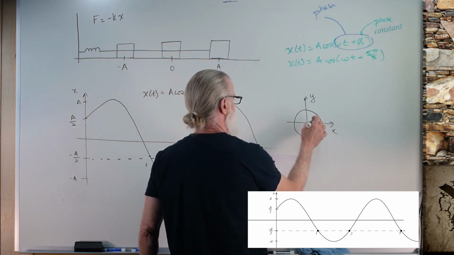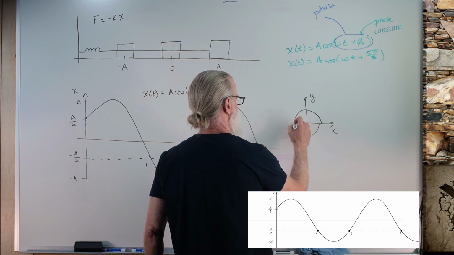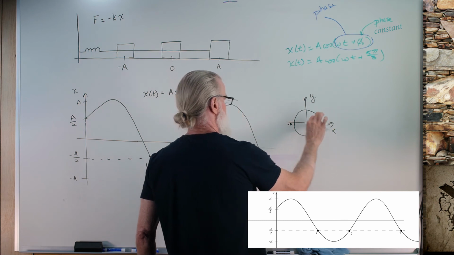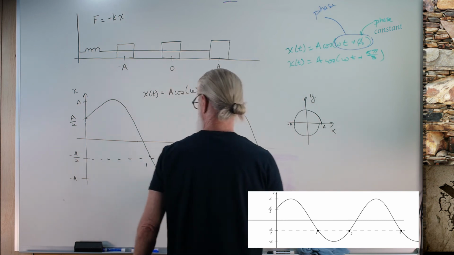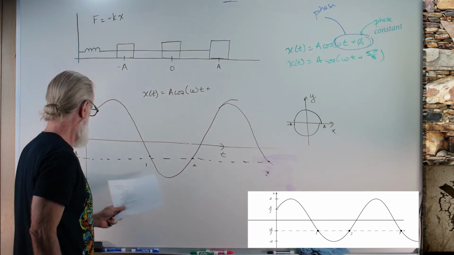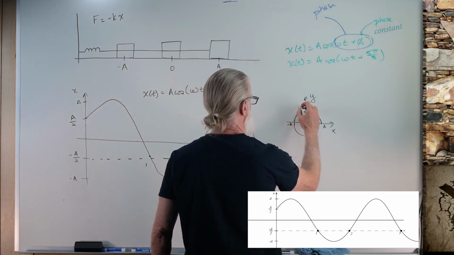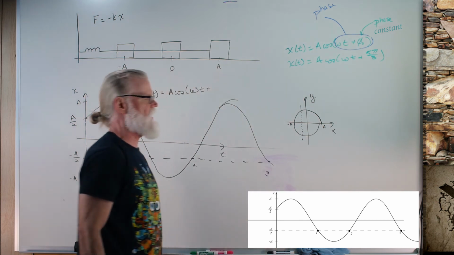And keep in mind, this is a unit circle of amplitude, of magnitude A. There's negative A, and there's A. Remember, the thing's oscillating back and forth between A and negative A. And at 1, it's at negative A over 2, which is over here.